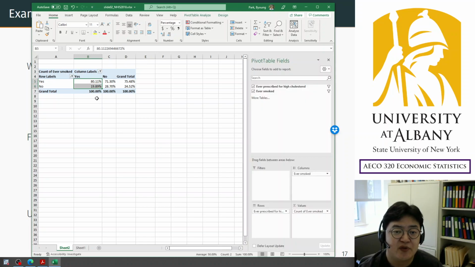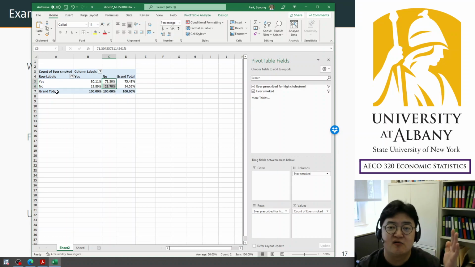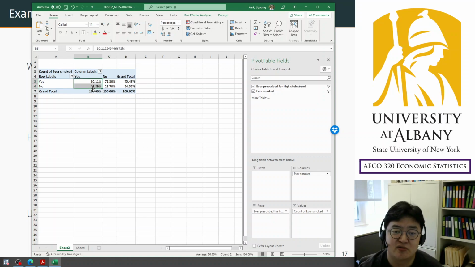So for example, some of these two probabilities become 100%. That means we calculate probability of yes among these two types. Similarly, only among these two types, we calculate probability of high cholesterol or not. So that is the conditional probability.